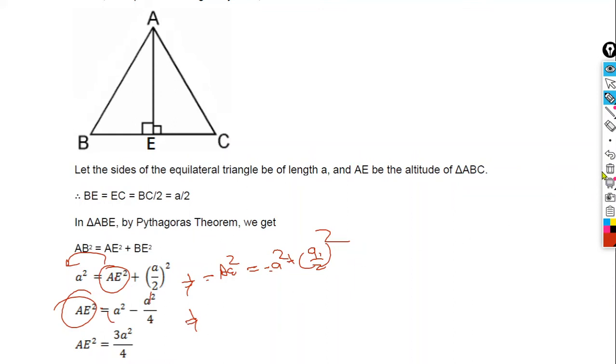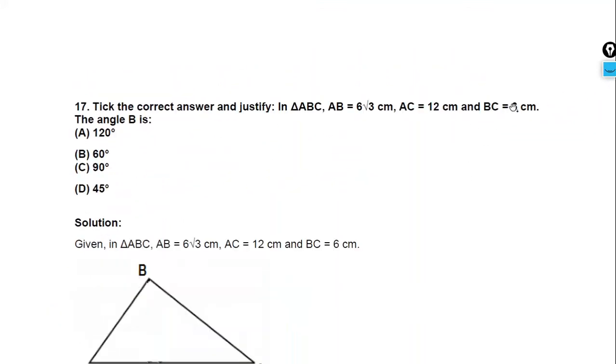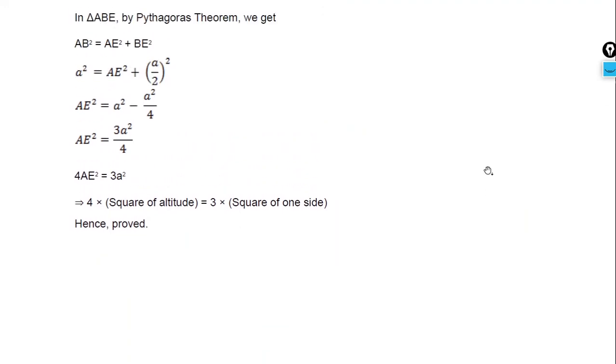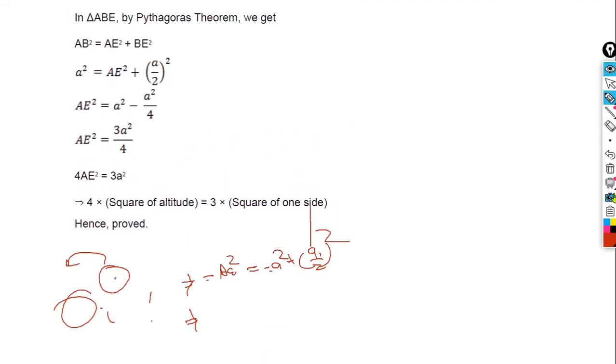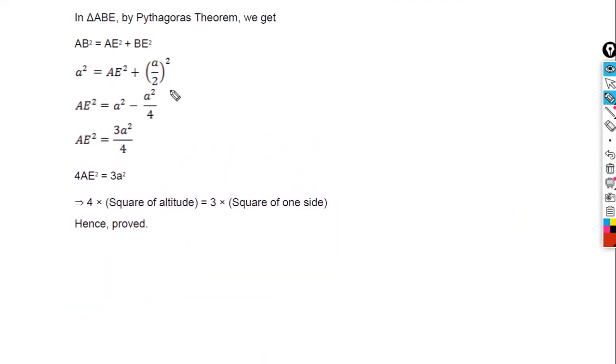So AE square equal to A square minus A by 2 whole square was there. Now we got AE square equal to A square minus A square by 4.